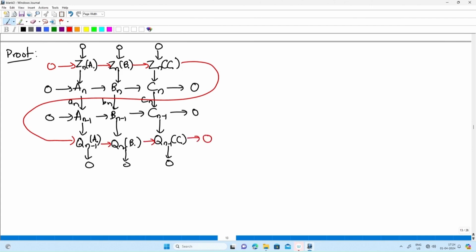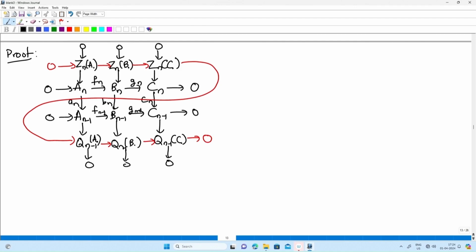And we are using the full strength of the snake lemma because the map from An to Bn, this map fn, is also a mono and this is an epi. So therefore we are using the full strength. So we get an 8-term exact sequence of kernels and co-kernels.